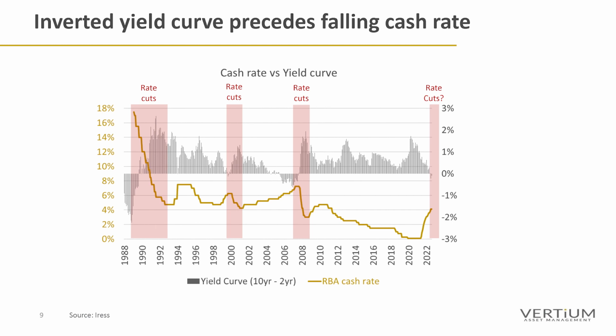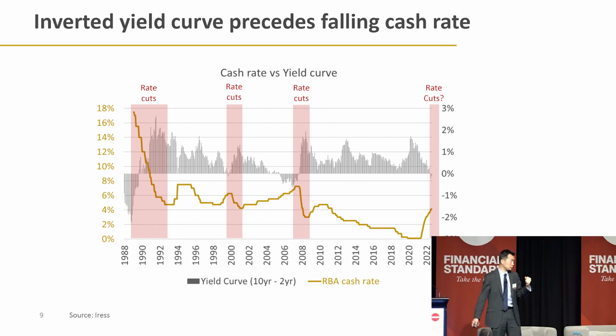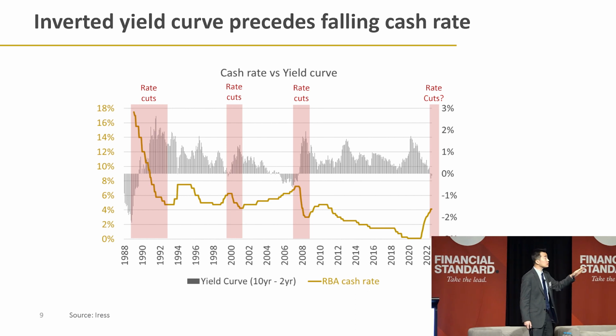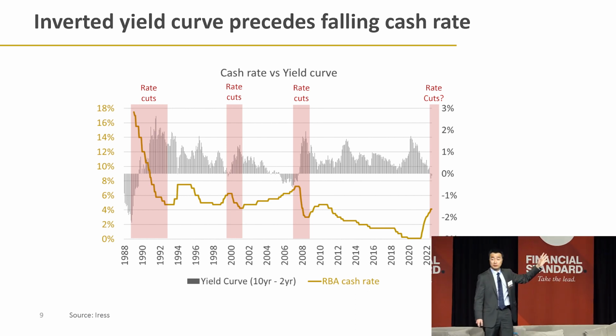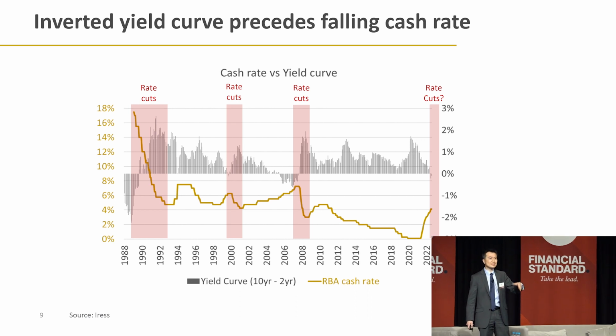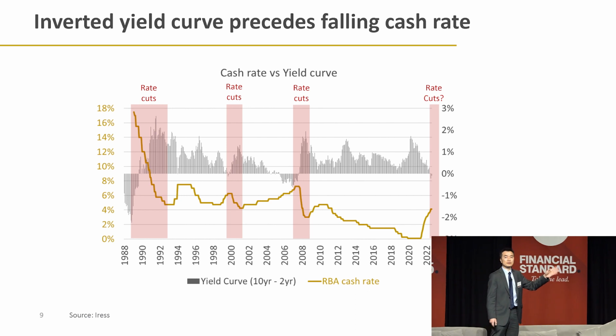There's some sort of economic slowdown coming at some point, because that short-term bond is held up by the current RBA rate, but the RBA doesn't control what long-term bonds do. Historically, whenever there's an inverted yield curve, it precedes these big cuts. Now, it doesn't tell you the exact month they're going to happen, but generally that's the environment.